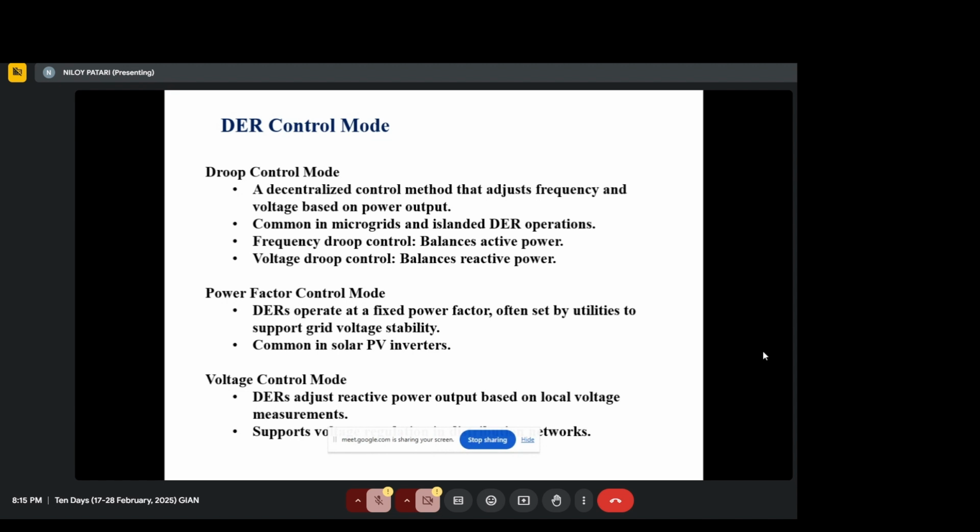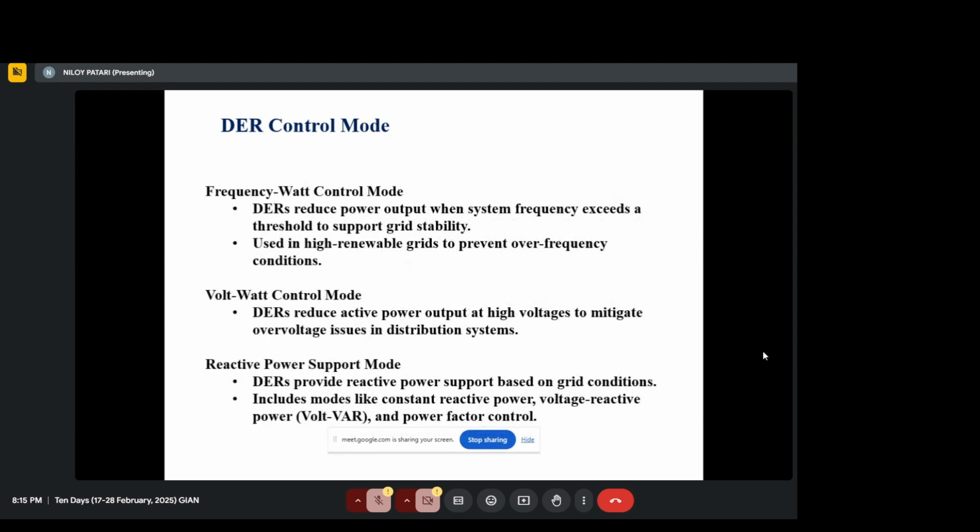You can find more details there, like voltage ride-through, what is the minimum voltage that we have to allow, and all of that. Then we also have frequency-watt control mode. These are different control modes which come with different configurations for different situations.